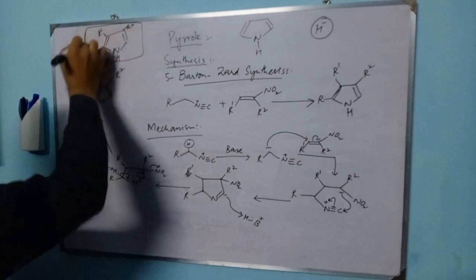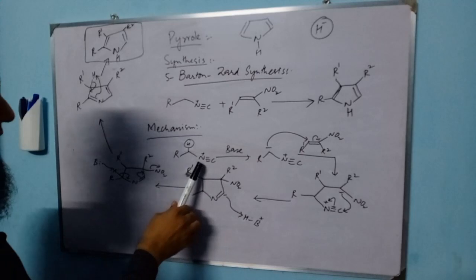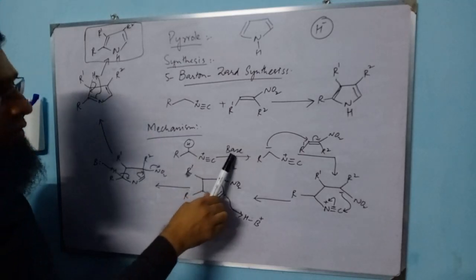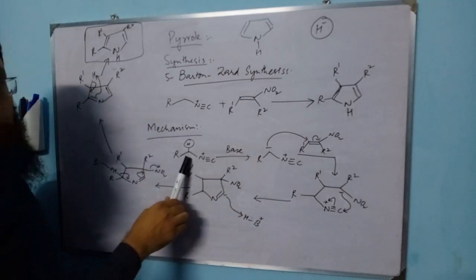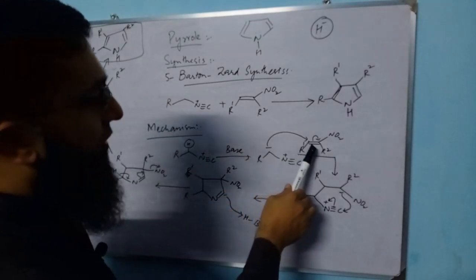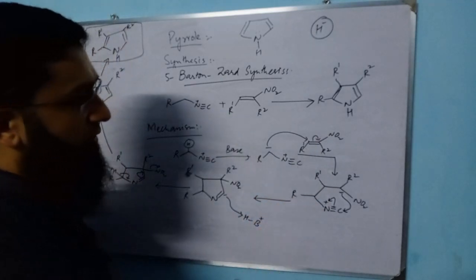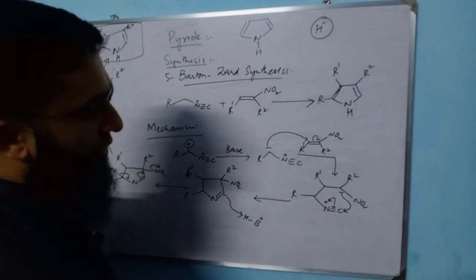this molecule. So in this case we had isonitrile and base took the proton from here from alpha position and carbanion was produced which attacked at this nitroalkene, and as a result of Michael addition we got this intermediate.